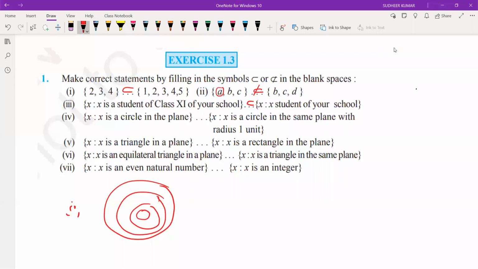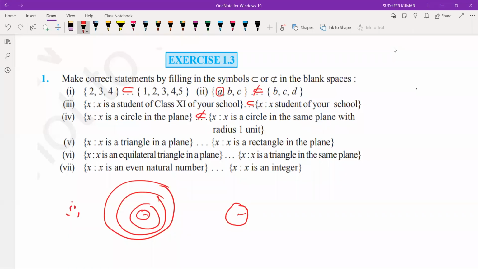Let's come to the second set: x is a circle in the same plane with radius 1 unit. So with radius 1 unit, one circle is there, but the other circles do not exist in the second one, isn't it? Do you understand it? Yes, sir. So is it a subset or not? No, sir. Because all circles in A do not exist in B, it is not a subset.